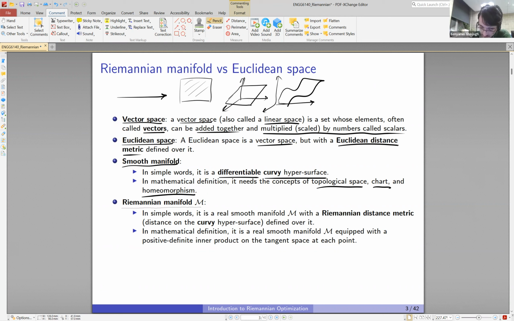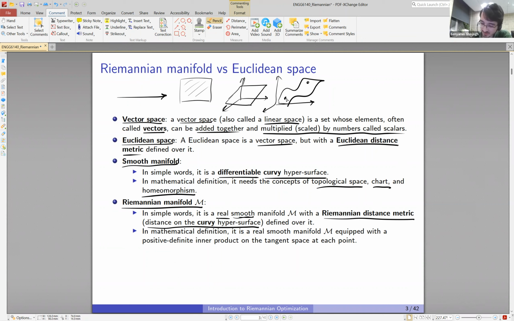Riemannian manifold, denoted by M standing for manifold. In simple words, it is a real, because the manifold can be complex too, this is a real manifold. Smooth manifold, it means it is differentiable, and it has a Riemannian distance metric on it. What is that? It's a distance on the curvy hypersurface. So when you have a curvy hypersurface, you have 2 points.